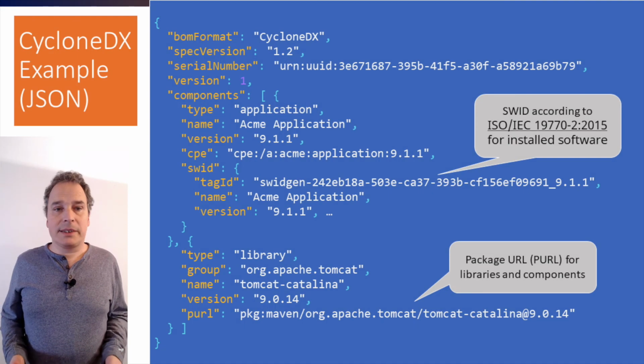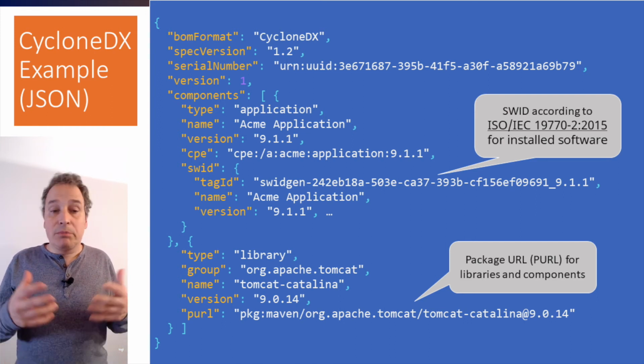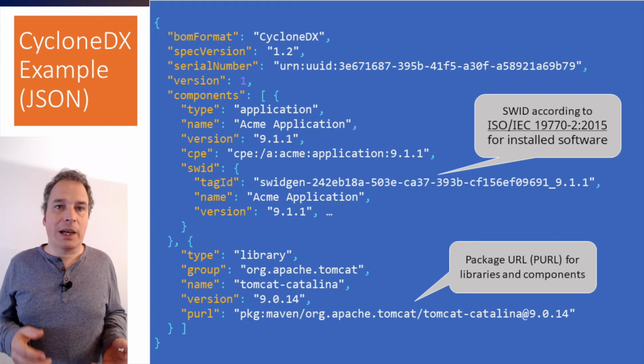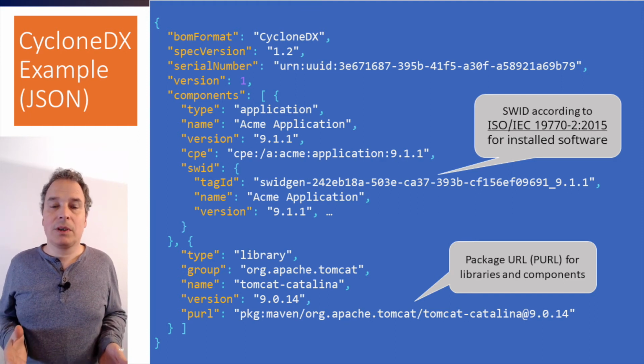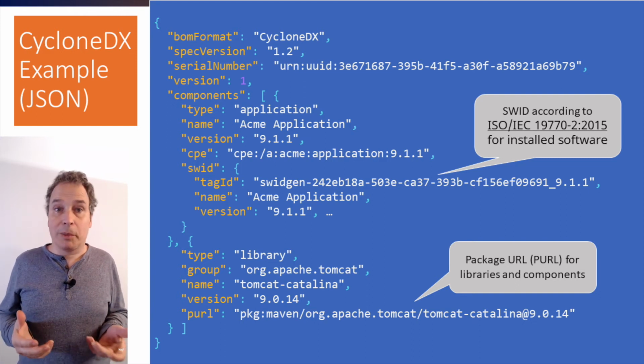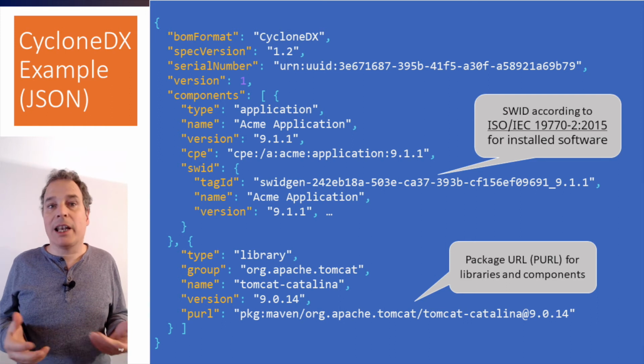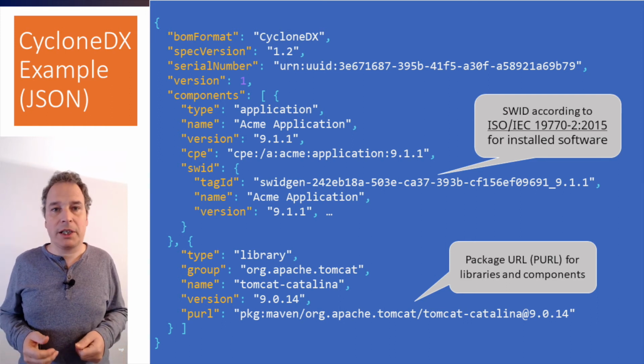Let us look at an example of CycloneDX in JSON serialization. As you see, this is a bill of material with an application and a library, and it fits on one page. It has a header which contains the specification version and identification information, and it has an application and the library, probably used in the application.